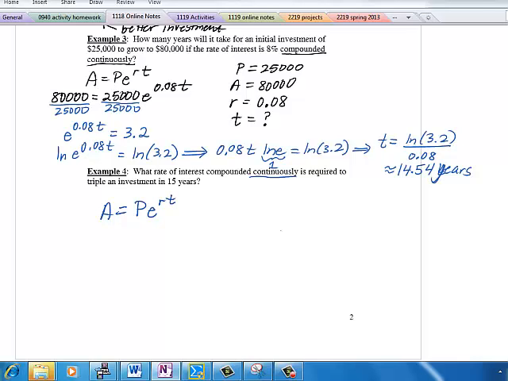And again, we fill in as many as we can. We don't know the rate, that's what we're trying to find. We know that the time is supposed to be 15 years, and we want to triple our investment. So what we want is the account balance to be 3 times the initial principal. This is how we would use the triple the investment.